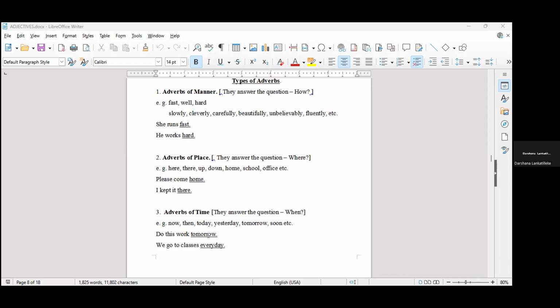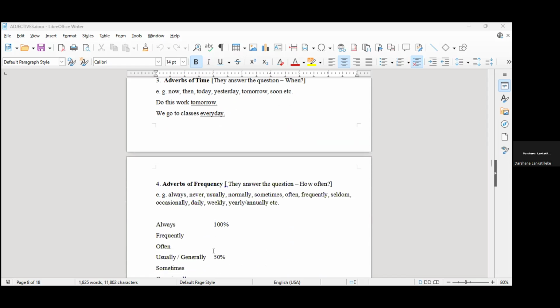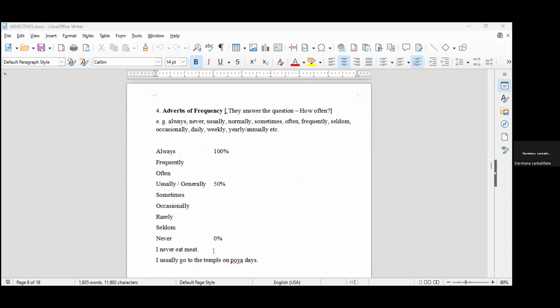So how many things did we learn? Adverbs of manner, most of which end in ly, then adverbs of place and adverbs of time. These adverbs of place and time, mostly we write at the end of the sentence. Those rules I will give later. Now look at the fourth one. This is very important. Adverbs of frequency.